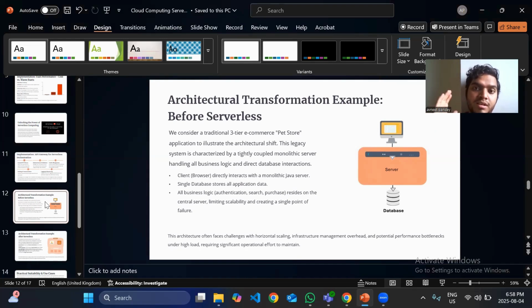where it has a deep problem: if the load increases, they have to manage it manually, or they have to contact the cloud provider saying that at that particular time they need capacity to be increased and handled. But with the help of three-way architecture, we have a client and then we have databases.